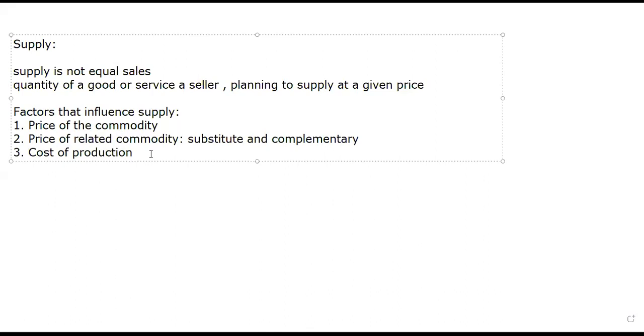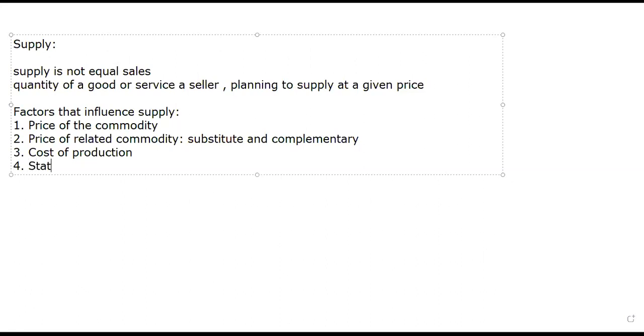And cost of production. As one of you has already mentioned, supply chain only helps you understand what cost the seller or producer is actually incurring. So cost of production or cost of supply has an influence on quantity supplied.